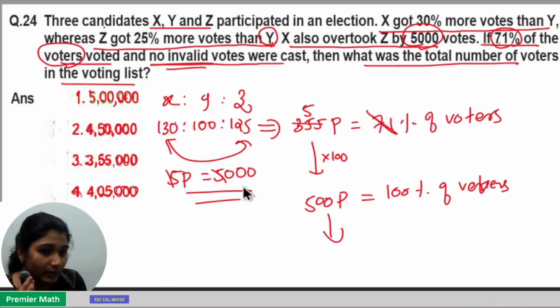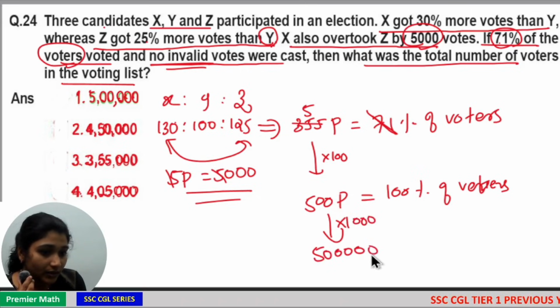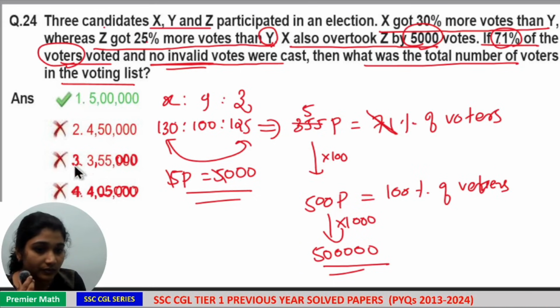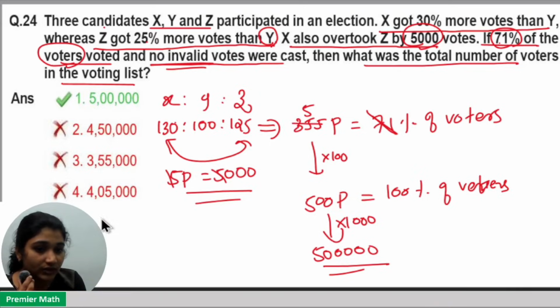Now 1 part is equal to 1000, means 500 parts is equal to 500,000, 5 lakh. Option 1 is your answer. Number of voters is the 100% voters, which is 5 lakh.